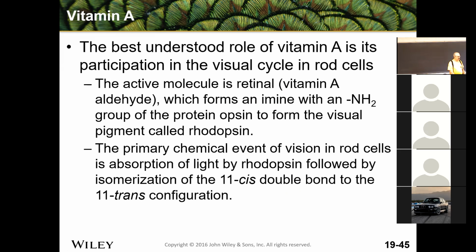Vitamin A plays an important role in vision. The active molecule is retinal, which is the aldehyde, that forms an imine. Okay, an imine, remember, that's a C=N double bond. It forms an imine with a protein called opsin, and that gives us a visual pigment called rhodopsin.